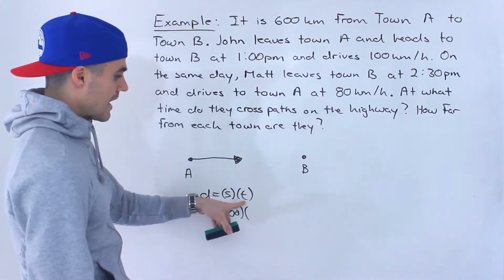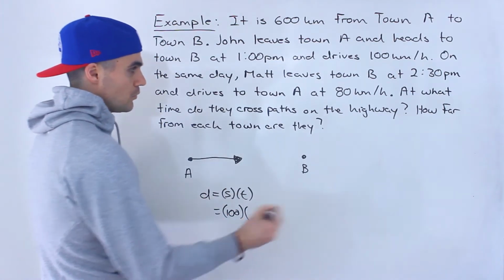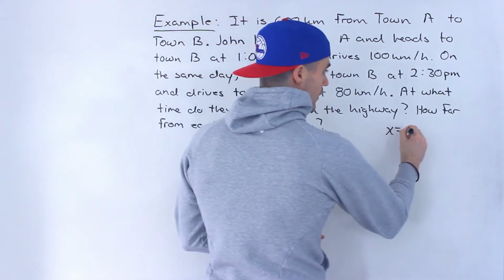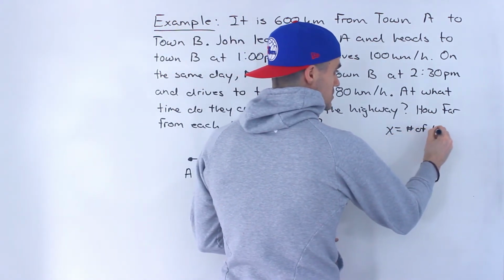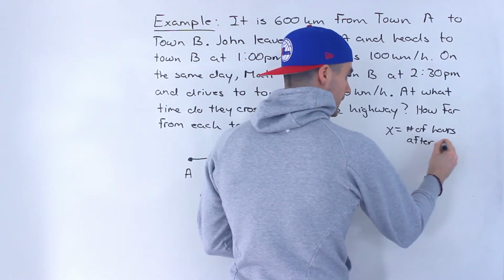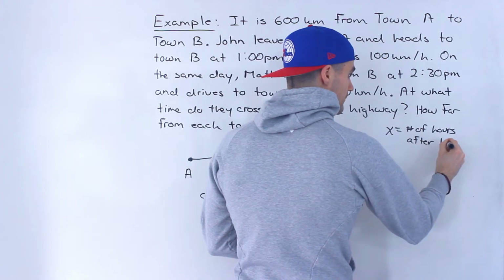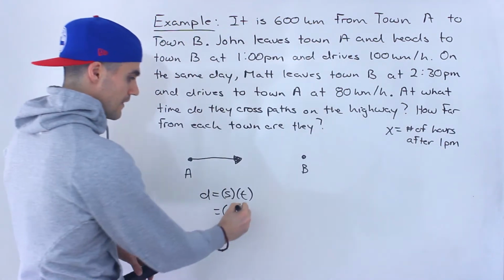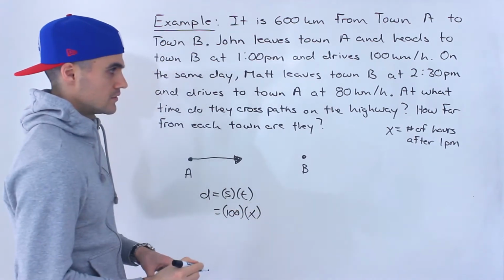But what's the time going to be? Well, we can introduce a new variable and say x equals the number of hours after 1 p.m. And then this would be x over here.